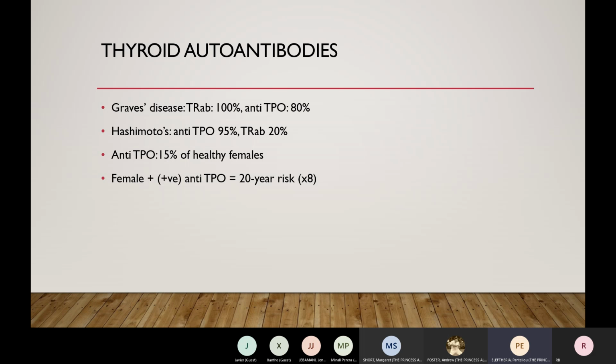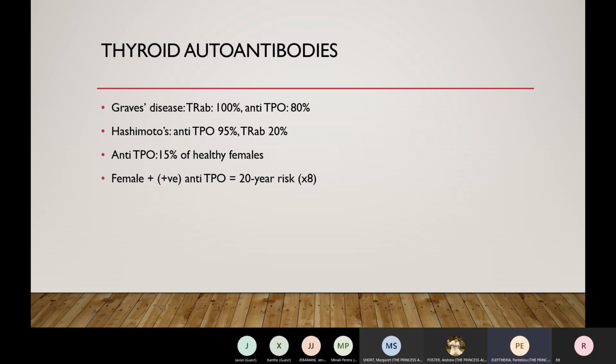The two main autoantibodies we use are the TSH receptor antibodies, which can be stimulating or blocking, and the anti-TPO antibodies. TSH receptor antibodies are very specific for Graves' disease, and 100% of Graves' disease patients have them. Anti-TPO antibodies are non-specific.